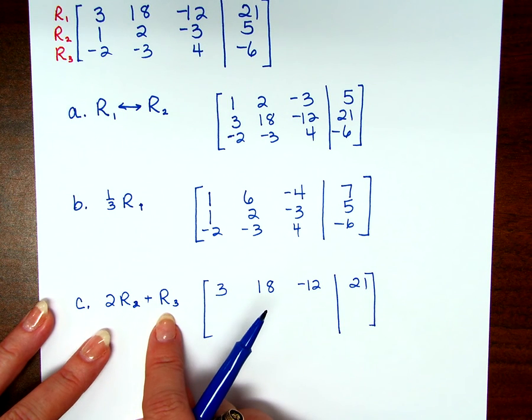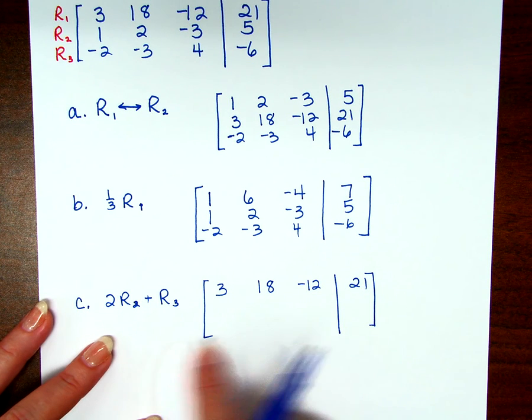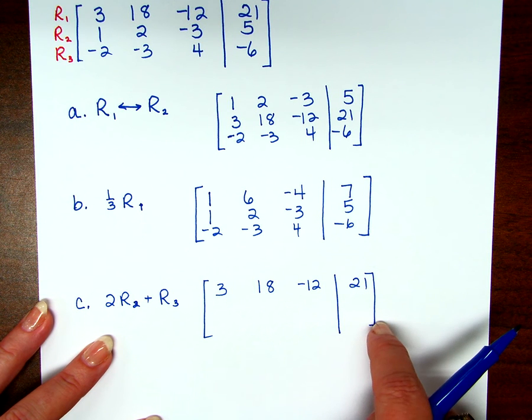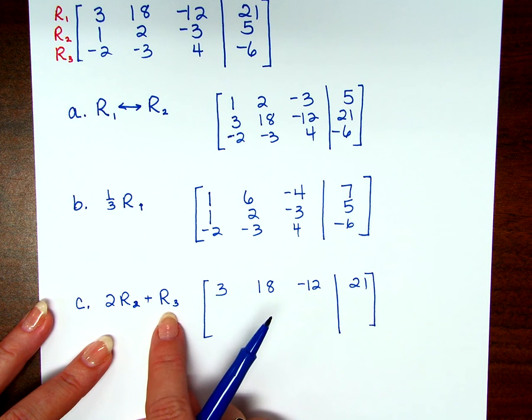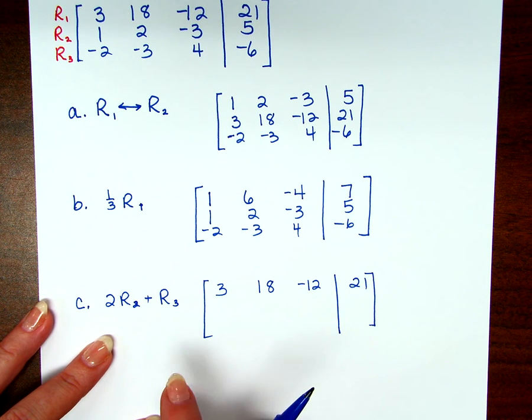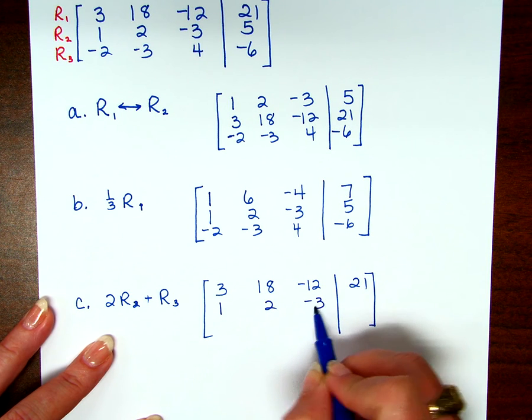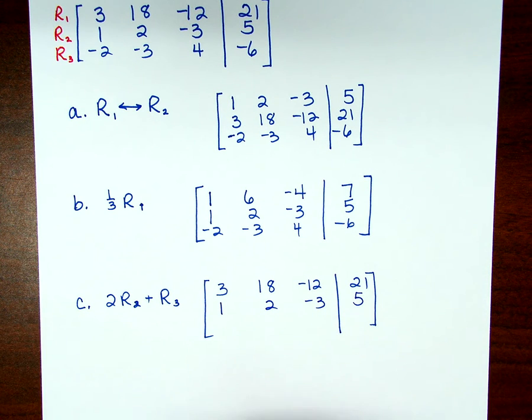And adding it to row 3, right? But is it going where row 2 goes, or is it going where row 3 goes? 3. Okay, so what's happening with row 2? Nothing, right? It's staying the same. Now, sometimes it'll tell you, put this for row 3, and sometimes you have to figure it out.